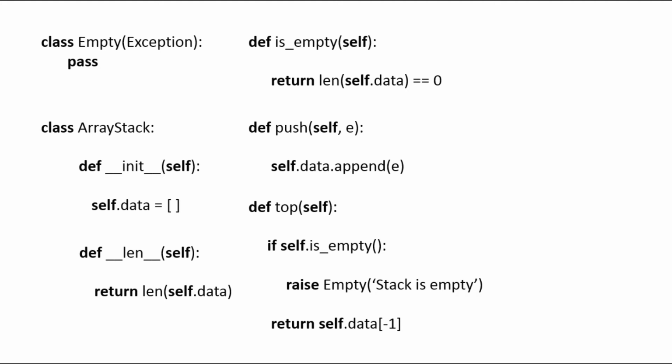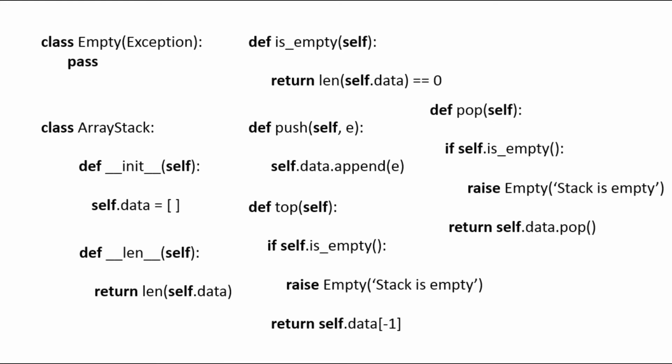So if the stack is empty, it will raise an exception with the message stack is empty, and our Empty class, which is the exception class, will pass this exception. So you can define your own exception classes however you wanted and log the issues. And finally, if it is not empty, it will return the -1 indexed element of the list, which is the top of the stack.